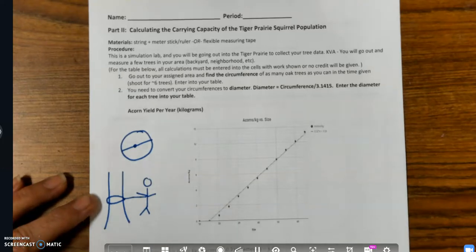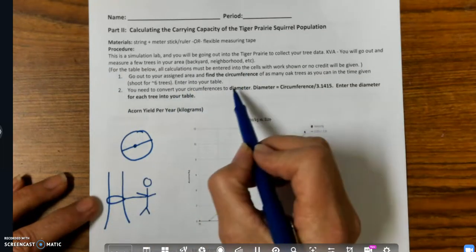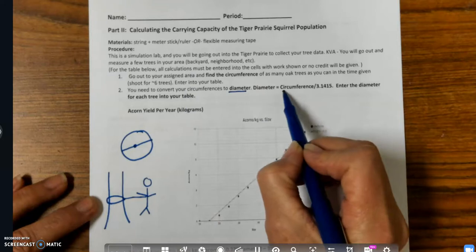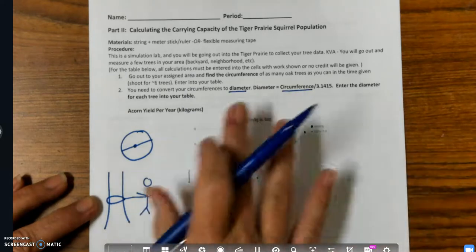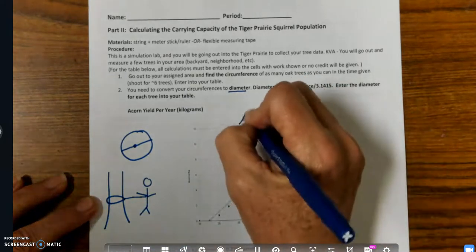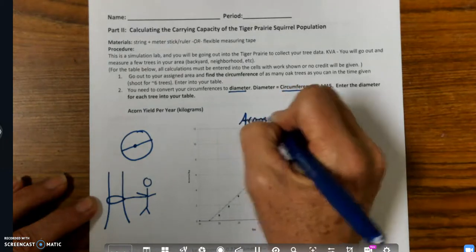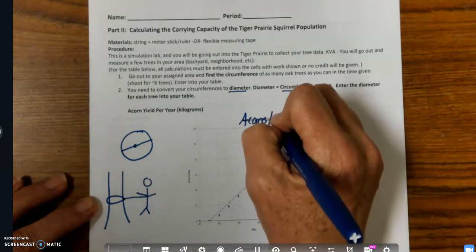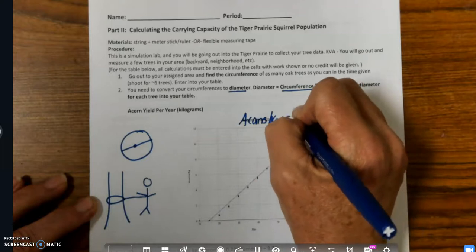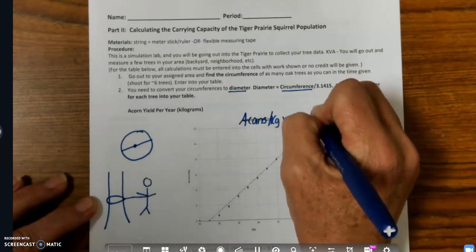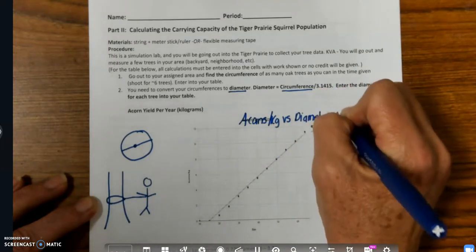Now, we're going to then take our circumferences and convert them to diameters. Because this data is acorns in kilograms versus diameter of oak trees.